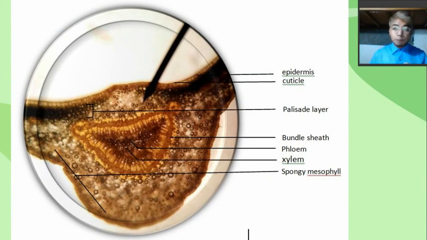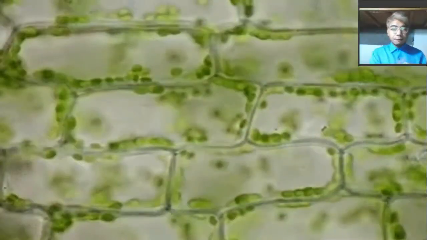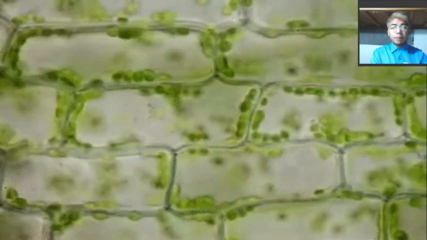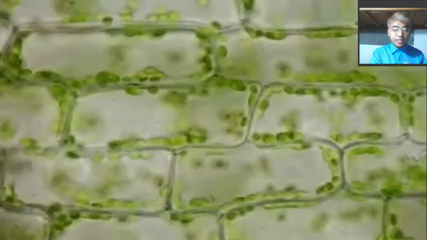The phloem is responsible for the conduction of materials such as minerals, glucose, and starch, while the xylem is responsible for the conduction of water. Xylem is for water, while phloem is for food materials.